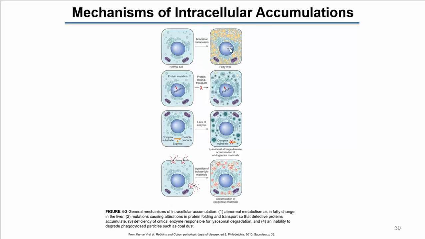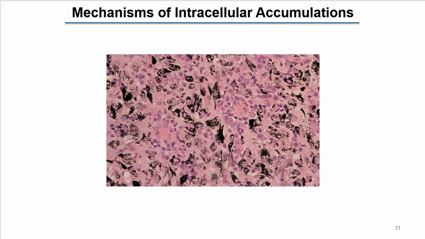Some of these things cross over. For instance, glycogen would fit into this and this, or it can be the ingestion, or breathing, of indigestible materials, and they accumulate as well. This is a photograph of carbon accumulating in lungs. This is a photomicrograph of accumulation of cigarette smoke in lungs.